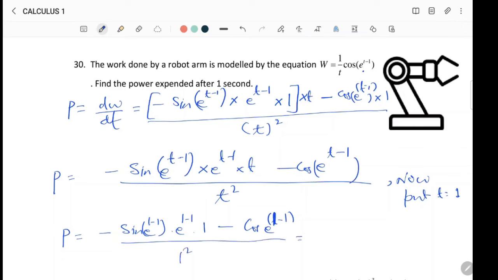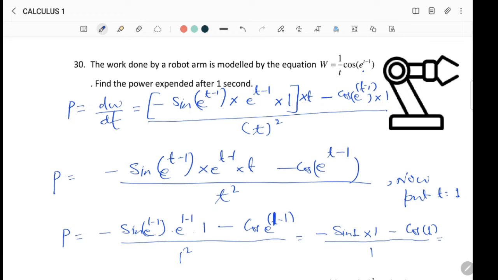So guys, 1 minus 1 is 0, e to the power 0 is 1. So minus sine 1, e to the power 0 that is 1, minus cos 1 over 1. And now we have to use the calculator. Our calculator must be in radian, guys.